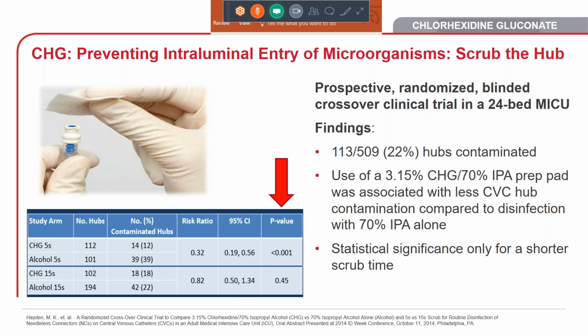Another clinical abstract, which was actually presented at ID Week in 2014, is this particular paper by Mary Hebden and group, where they did a randomized crossover clinical trial to compare 3.15% chlorhexidine, 70% isopropyl alcohol to 70% isopropyl alcohol alone.